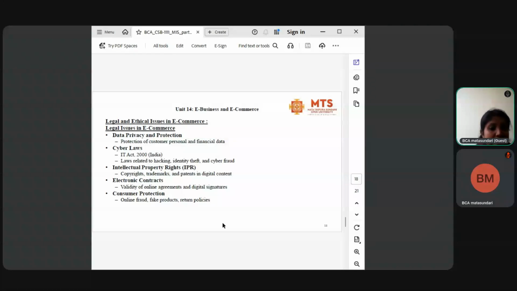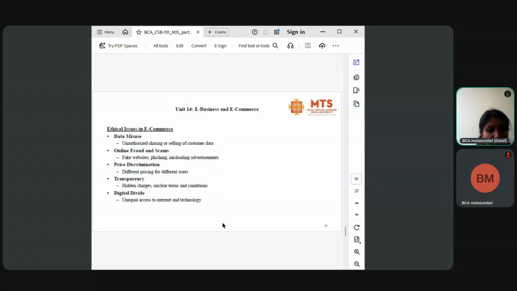Next are ethical issues, in slide number 19. Ethical issues are data misuse, that is unauthorized sharing or selling of customer data; online fraud and scams, such as fake websites and misleading advertisements; price discrimination, with different pricing for different users; transparency, such as hidden charges and unclear terms and conditions; and the digital divide, unequal access to the internet and technology.